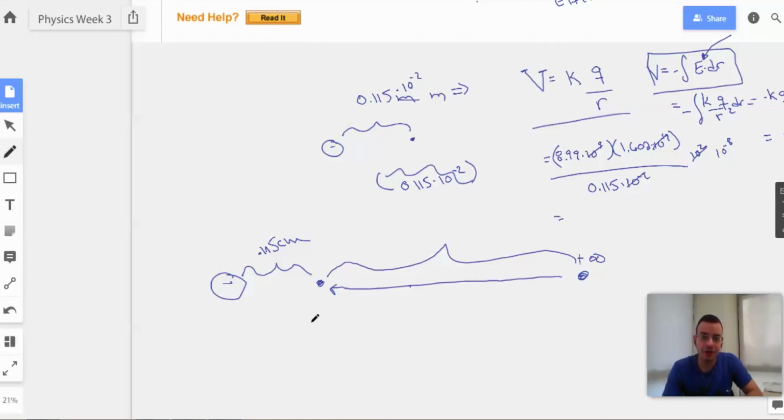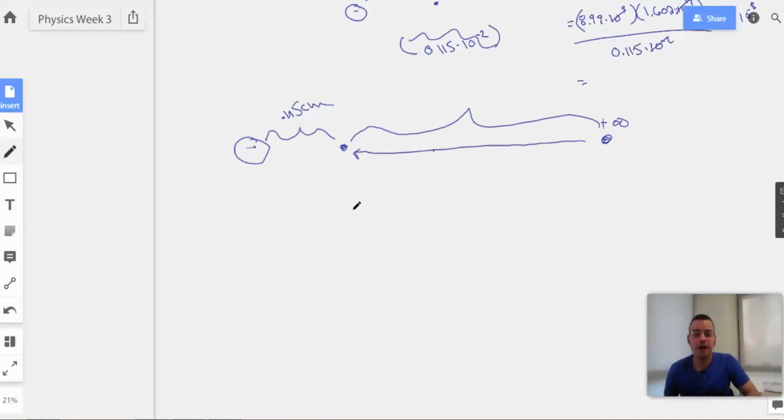So on that note, a little bit on notation, I would write this as V 0.115 centimeters, infinity. Usually they don't put a little comma in there, but I like to sometimes. So what I mean by this is KQ over 0.115 times 10 to the negative second minus KQ over infinity.